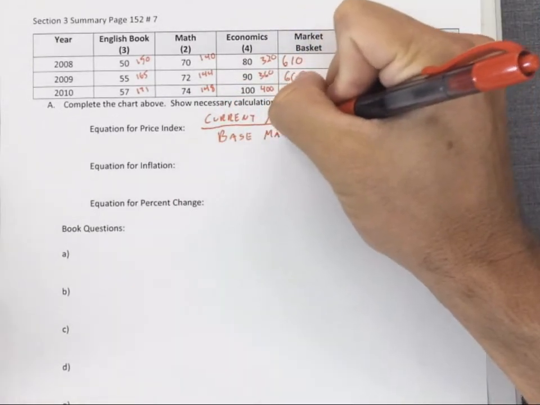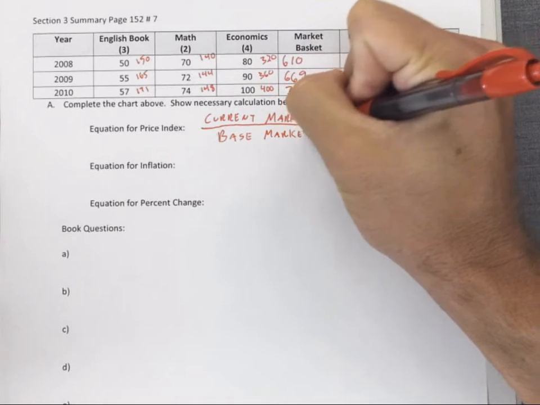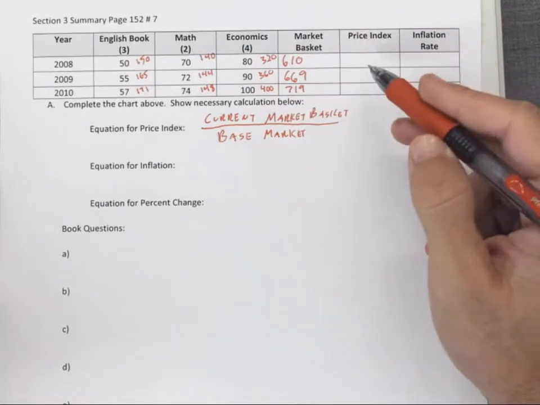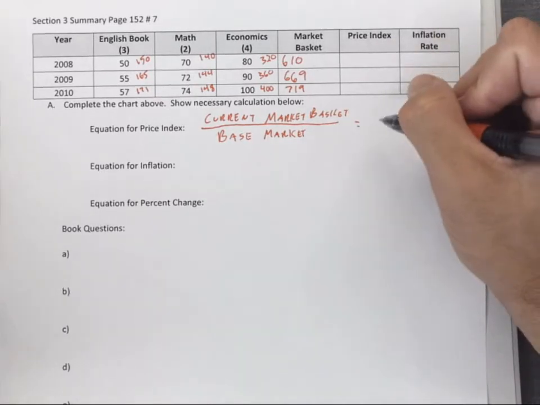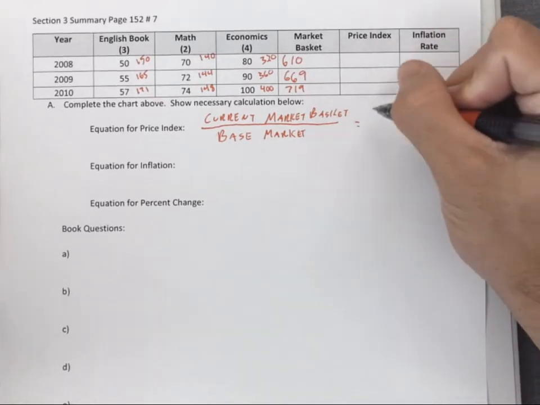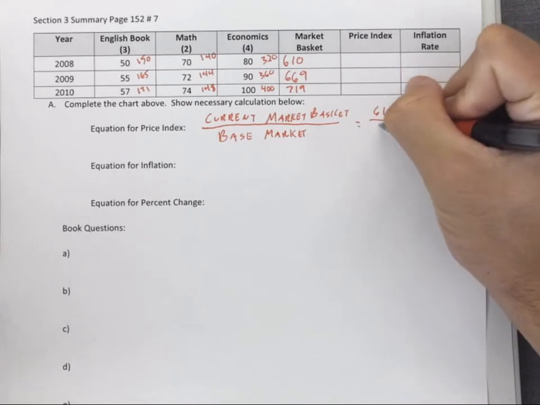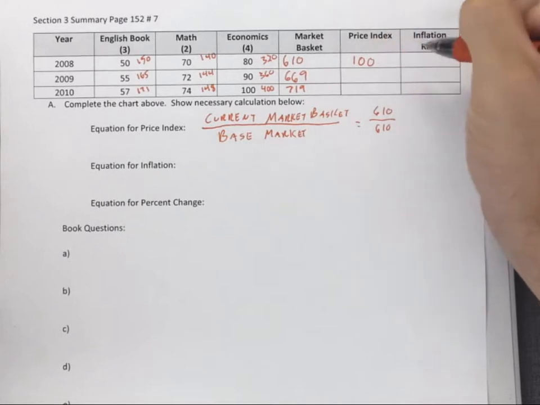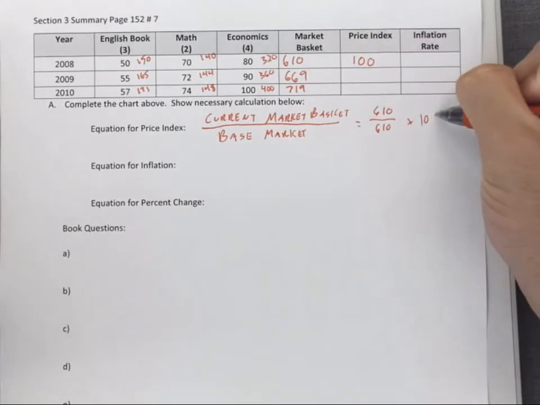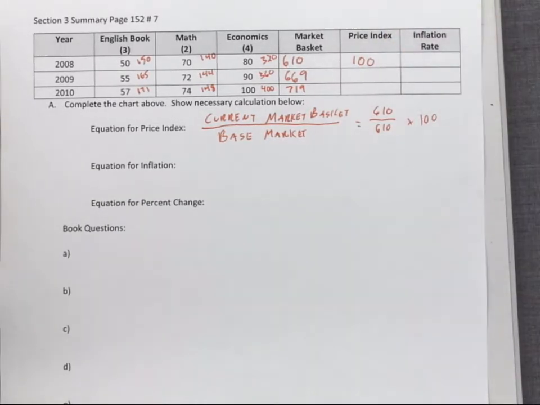You're saying this is our base year in terms of price level, and in this situation we're going to use 2008. So current market basket, we're going to use the first one for example, is 610 divided by base year market basket is 610. So first year market basket, price index is always 100. And remember, we multiply this by 100 to make it a base out of 100.